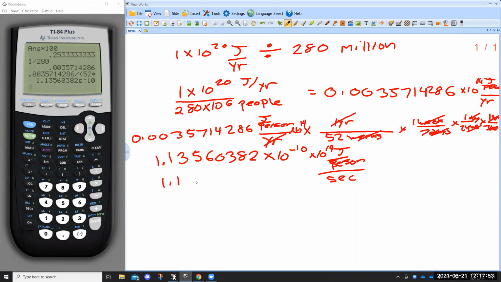So this is 1.13560382 times 10 to the 4th joules per person per second. I'm going to move that decimal place 4 places to the right.